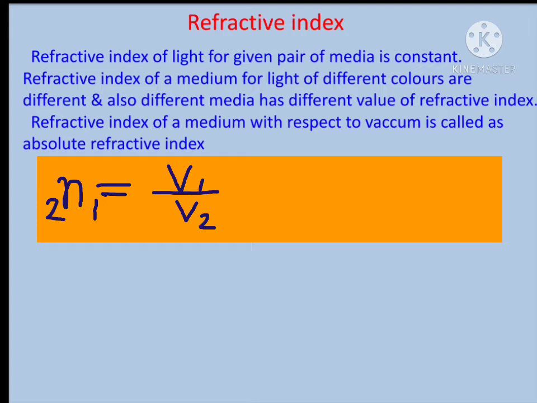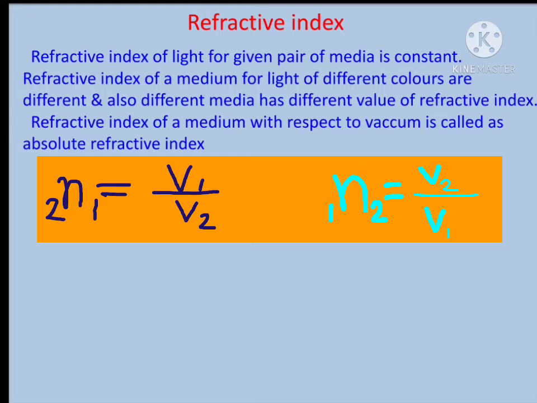And if light coming from the second medium enters into the first medium, then the refractive index 1n2, that means the refractive index of the first medium with respect to the second medium, is equal to the velocity of light in the second medium v2 upon the velocity of light in the first medium v1.